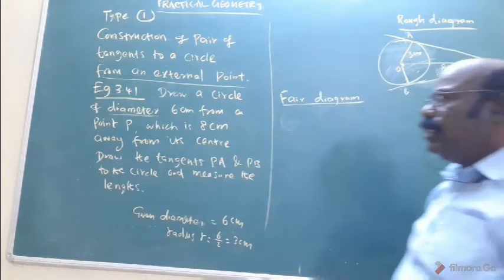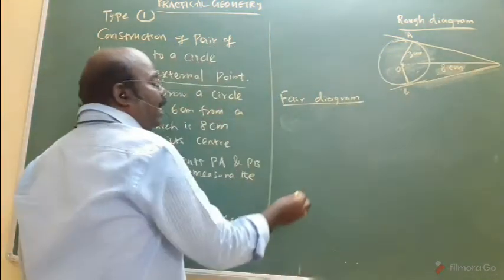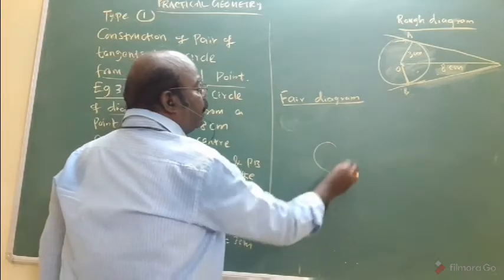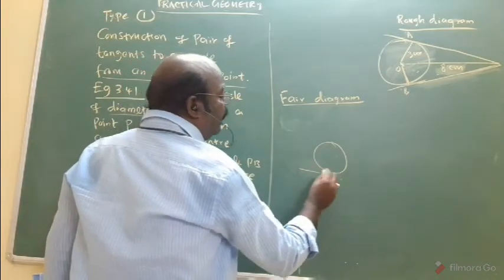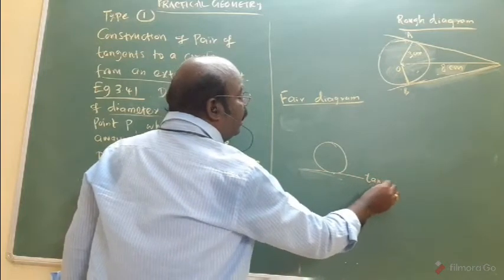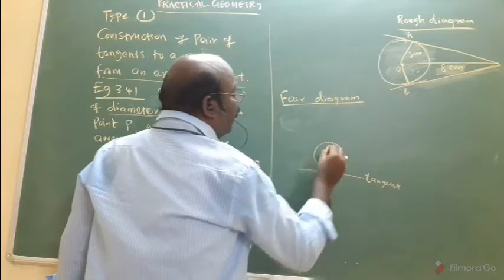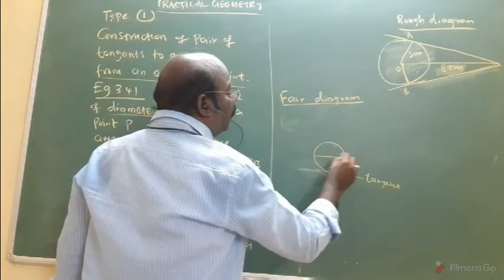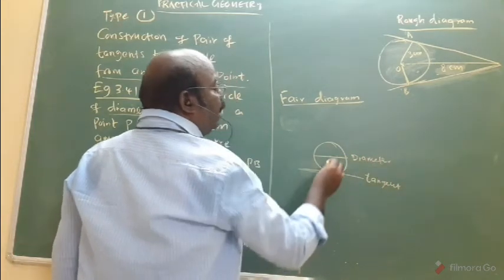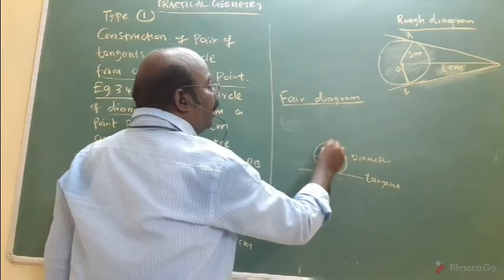Tangent, what is the meaning? A line that touches the circle at only one point is called a tangent. Am I right? A line that passes through the center is called a diameter. Half of the diameter is called radius.